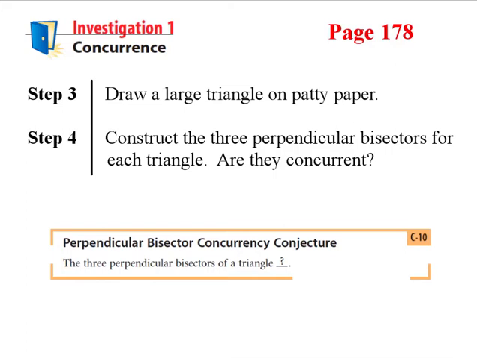Now, perpendicular bisectors, do you remember how you find a perpendicular bisector on the patty paper? We did this once. Remember how we did that? We folded the line on top of itself.